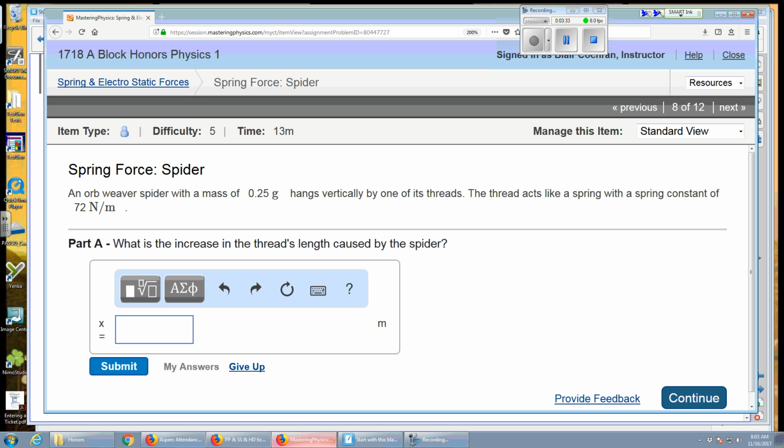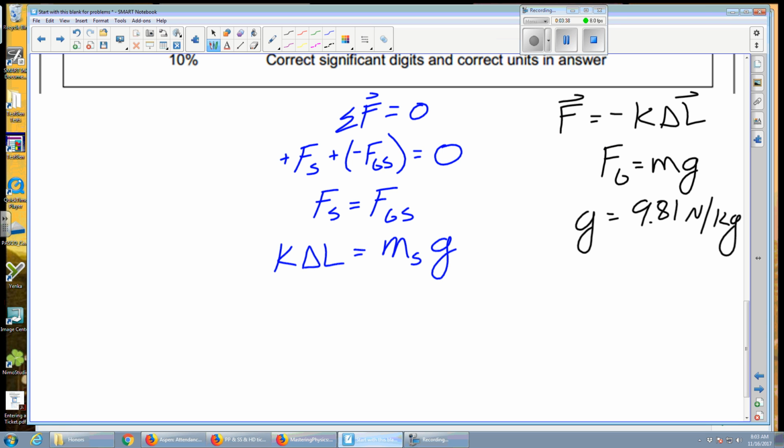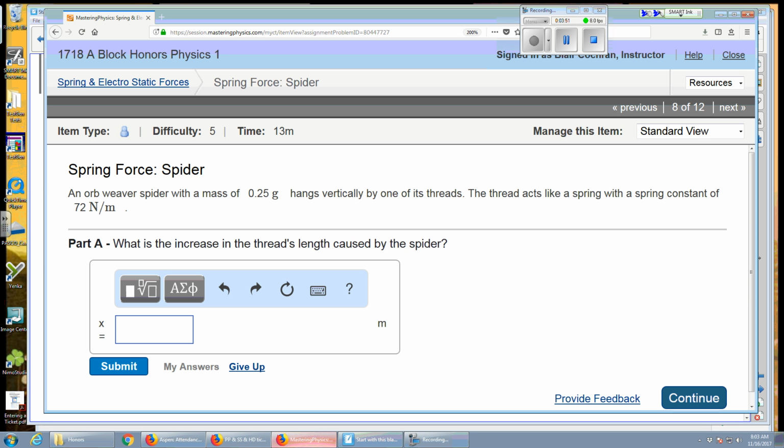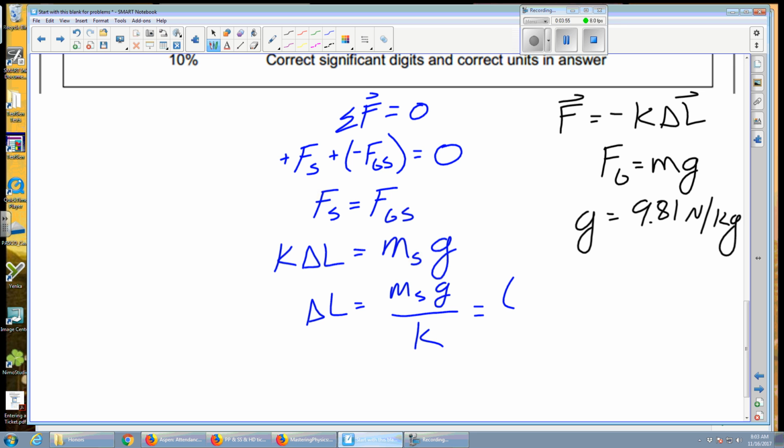And they want me to find the delta L. So delta L equals m_s g over k. Mass of my spider, 0.25 grams, so 0.25 times 10 to the minus third kilograms.